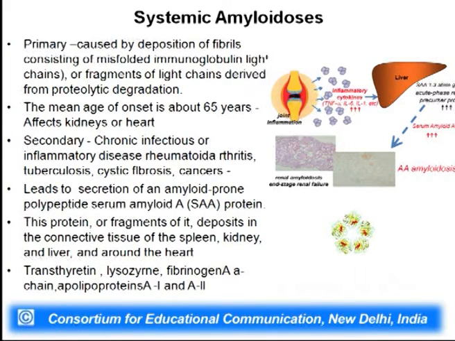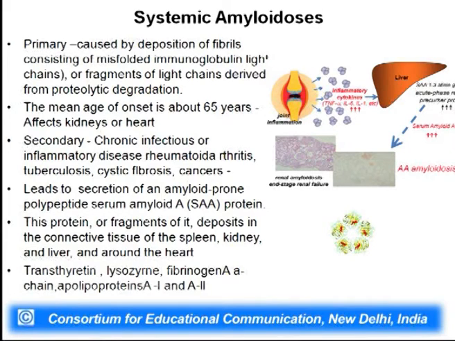There is a protein which is responsible, the serum amyloid A protein, which is released. In case of an inflammation, a lot of inflammatory cytokines are released, and these cause the liver to produce this serum amyloid A protein, which accumulates around the kidneys, spleen and liver, and causes the disease.